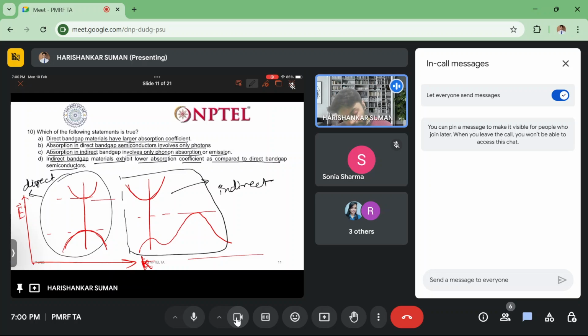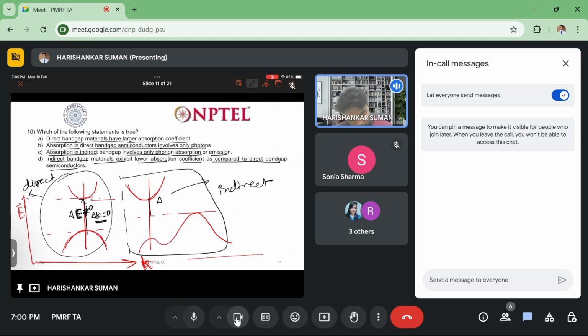In the direct material, the band gap involves only energy exchange, and the photon wave vector will be zero, but here both are non-zero, not equal to zero.